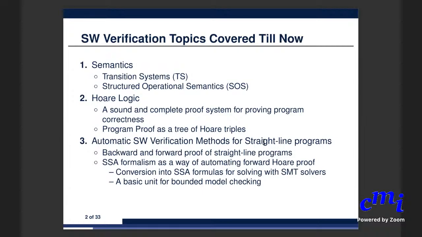And we saw this automatic method for straight line programs consists of two steps: converting the program to an SSA formula and generating an appropriate verification condition, which could be solved using an SMT solver. And we saw that this worked for straight line programs, and this would form the basic unit for a method called bounded model checking, which we also saw, as a way to handle conditional programs as well as loops.